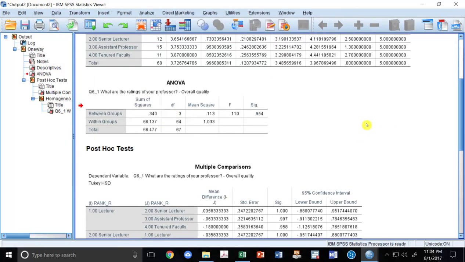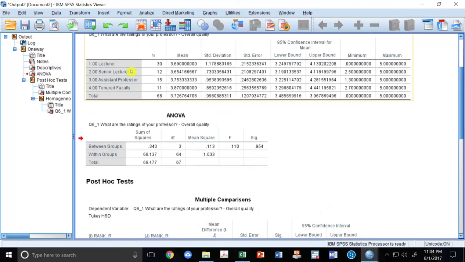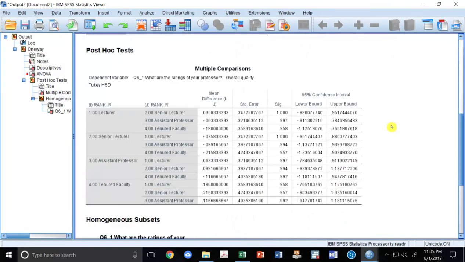So to interpret that, and I'll write that: there are no statistically significant differences in the average rating between lecturers, senior lecturers, assistant professors, and tenured faculty. All right. Now we can head down to our post hoc test.